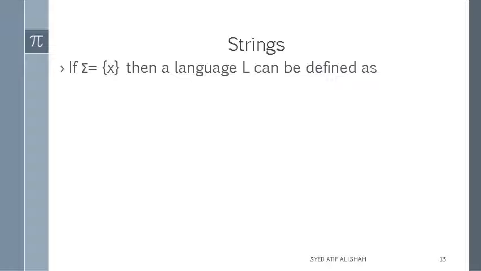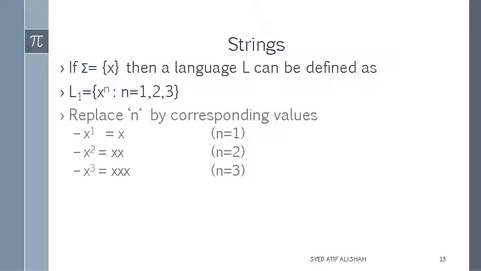Now let's say we have sigma = {x}, and the language we are defining here is L1, where L1 = x^n, and the values of n are 1, 2 and 3. Let's generate the language. First of all, we will replace each power of x by its corresponding value, that is n = 1, then n = 2 and n = 3.